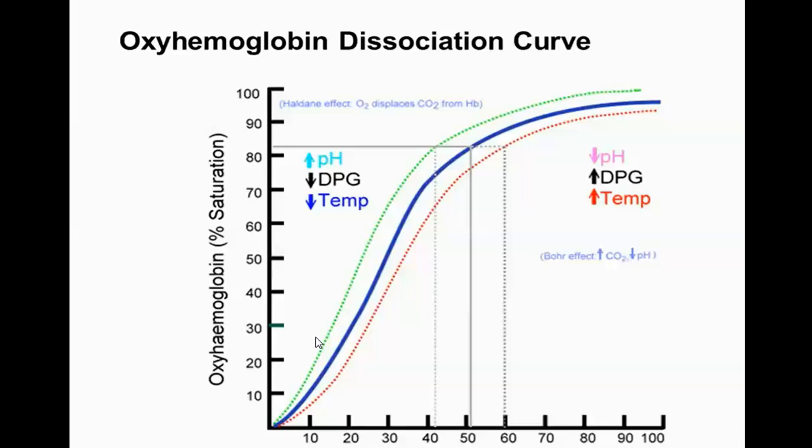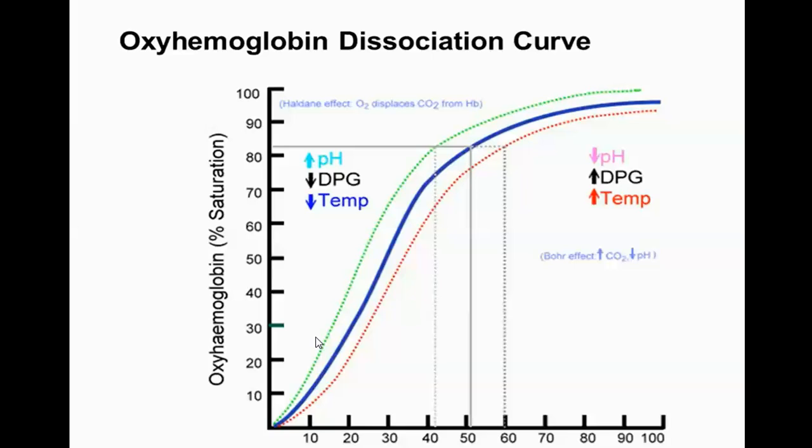The curve, as we said at first, is sigmoid shaped because we have 4 atoms of iron in each molecule of hemoglobin, and the receptors are inside. So the first molecule of oxygen to bind is very difficult.